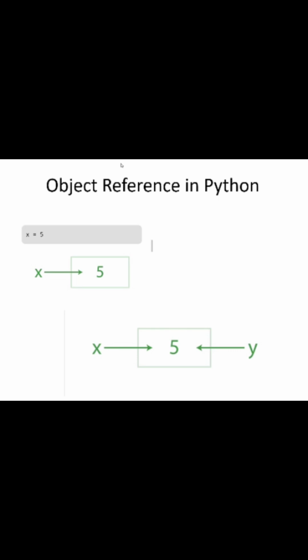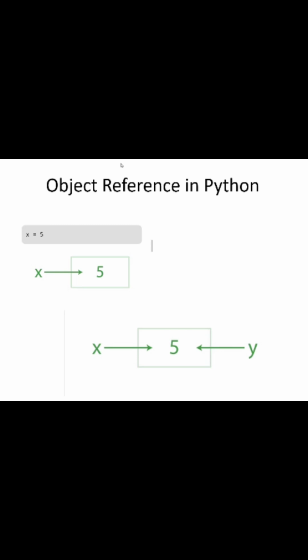Now, if you assign another variable y to the variable x, y is equal to x, Python encounters the first statement. It creates an object for the value 5 and makes x reference it. The second statement creates y and references the same object as x, not x itself.